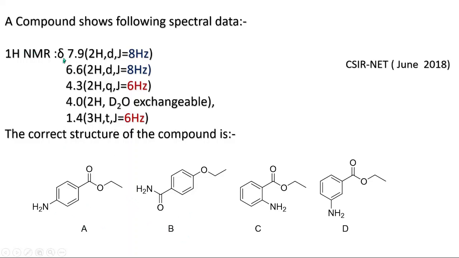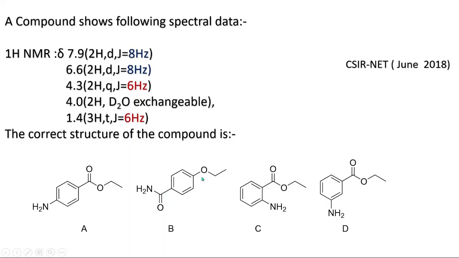So this 7.9 means there must be some electron density withdrawing group on my benzene ring, and 6.6 means there is some group which is donating to the benzene ring. So we have two groups simultaneously attached to the benzene ring. If you see this, these are electron withdrawing groups.